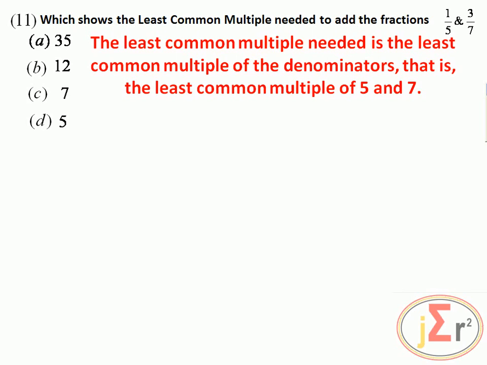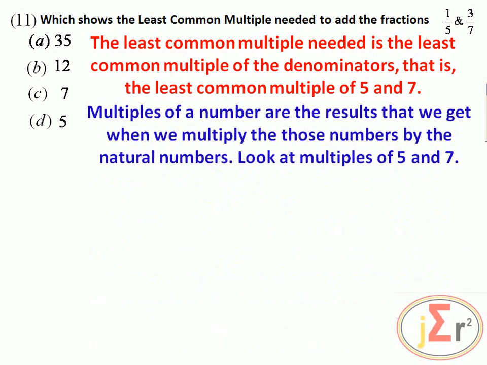And if we are asking for multiples, we may use a term that is related to multiply by saying, what is the smallest number that is a multiple of 5 and a multiple of 7.